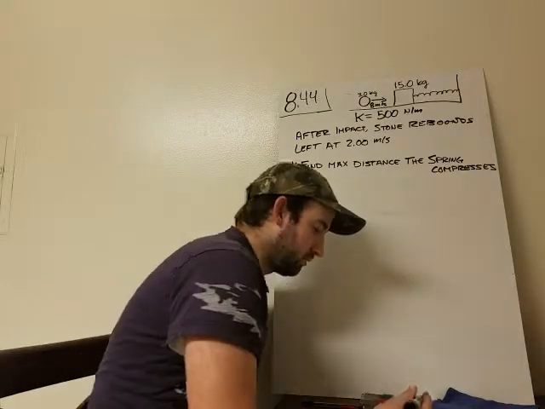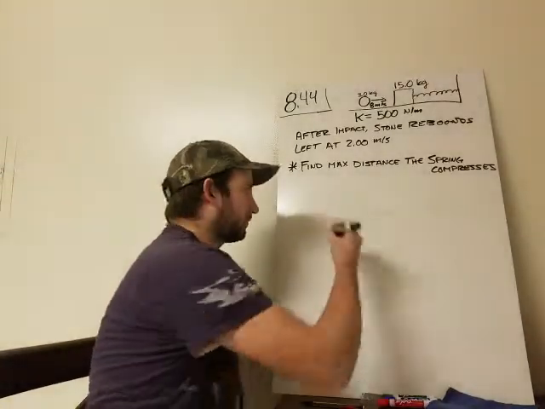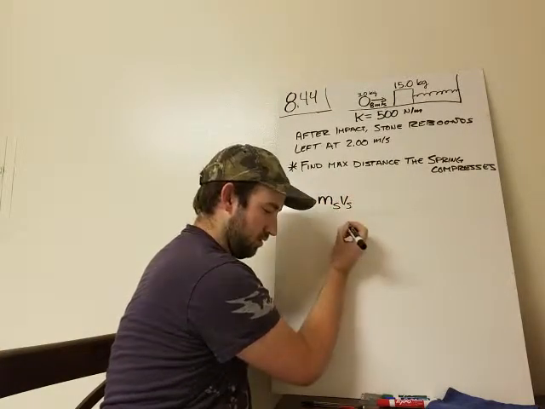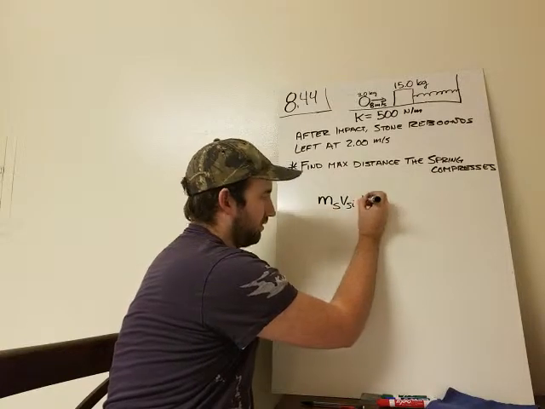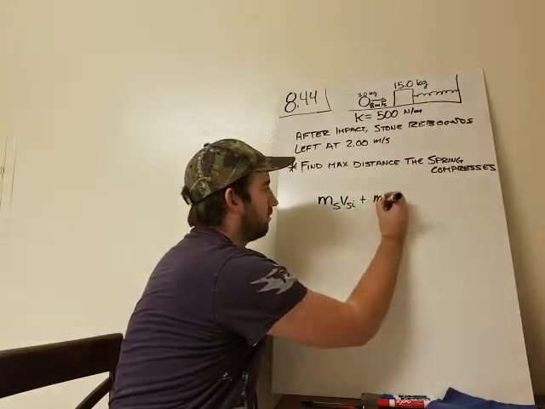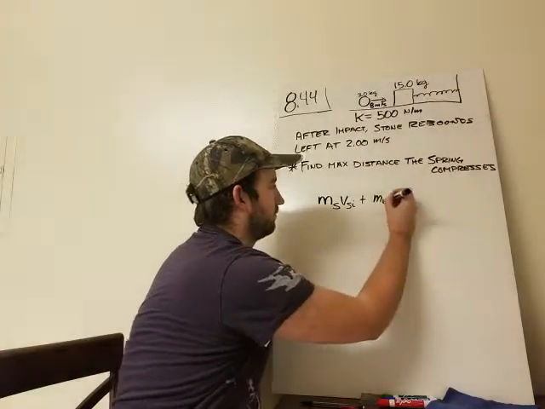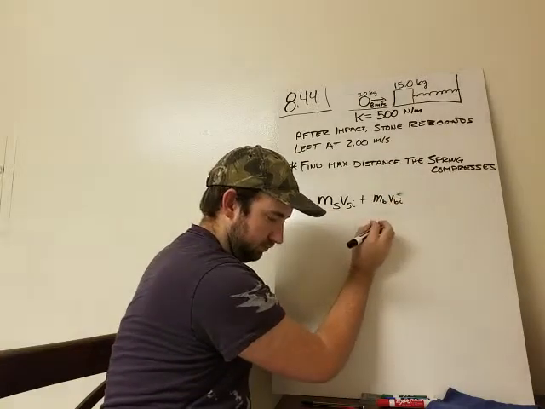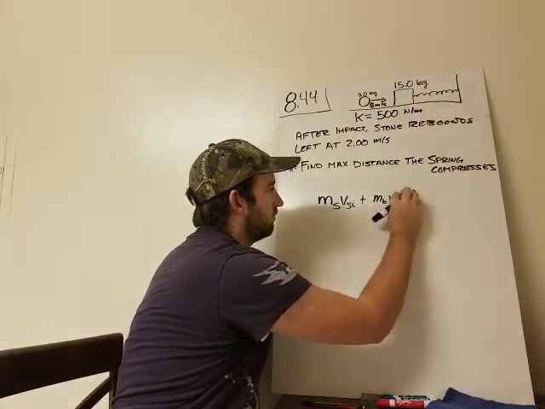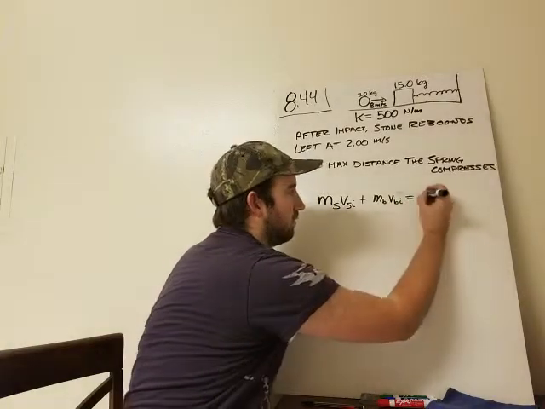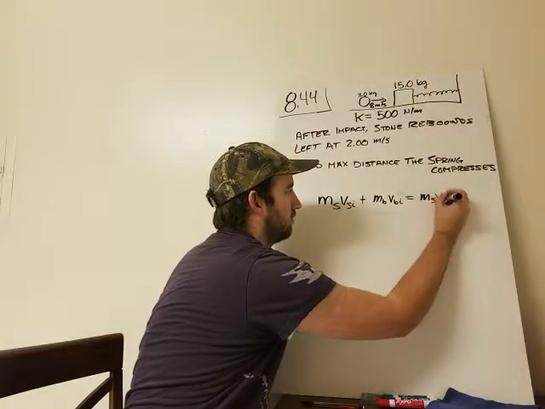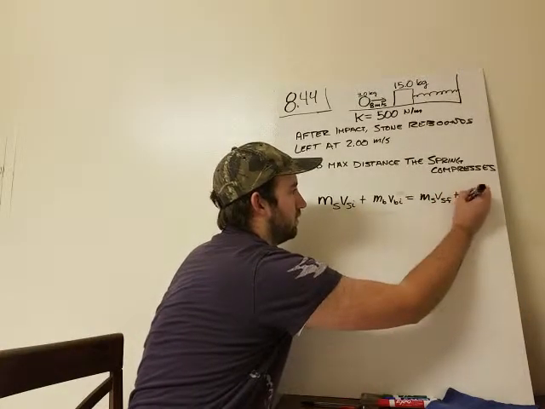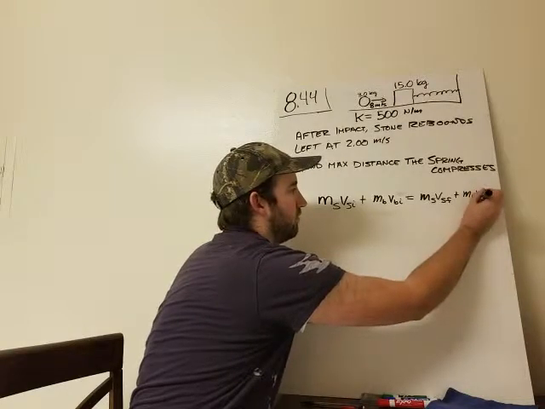And so we know that the momentum of the stone plus the momentum of the block is going to equal the mass of the stone final plus the final block momentum.